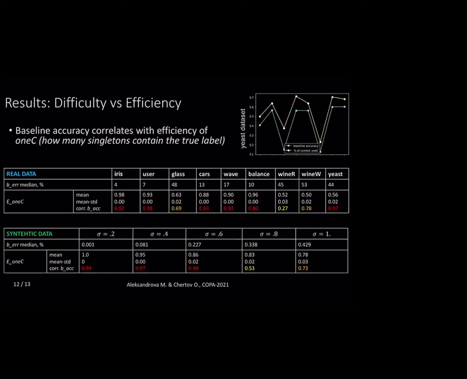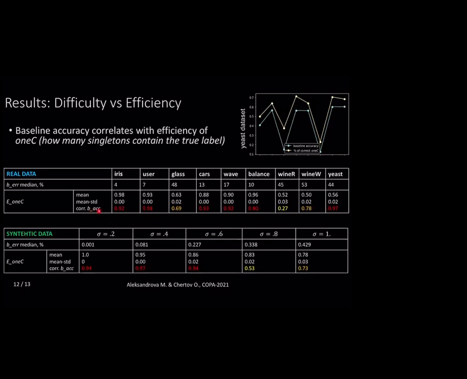Again, the first row indicates the median value of the baseline error for different data sets. And the last row shows the value of the correlation between the accuracy and the effectiveness of the 1C metric, that is, the fraction of correct singleton predictions.